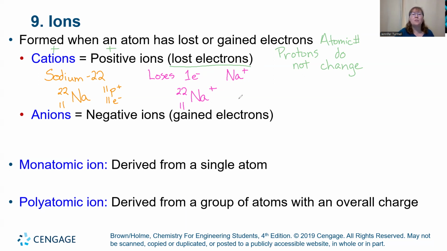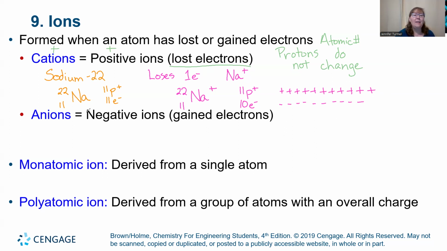You have one extra proton, basically. And so now you have 11 protons and 10 electrons. So you have 1, 2, 3, 4, 5, 6, 7, 8, 9, 10, 11 positive charges. Those are your protons, but you've lost one electron, and so you only have 10 electrons, and that's where that extra positive charge comes from.